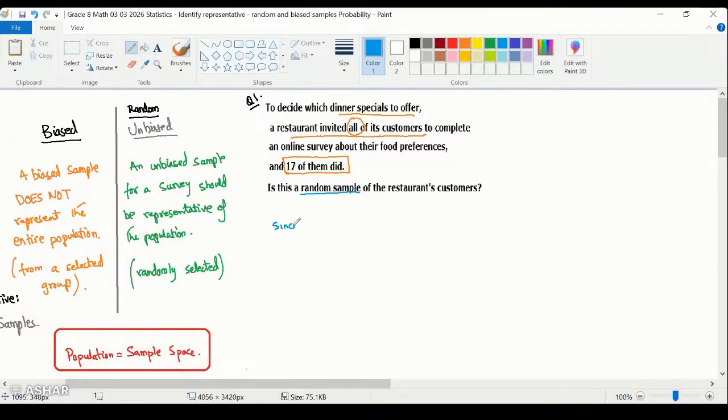Since the 17 customers who participated are not the same as who did not participate, right?